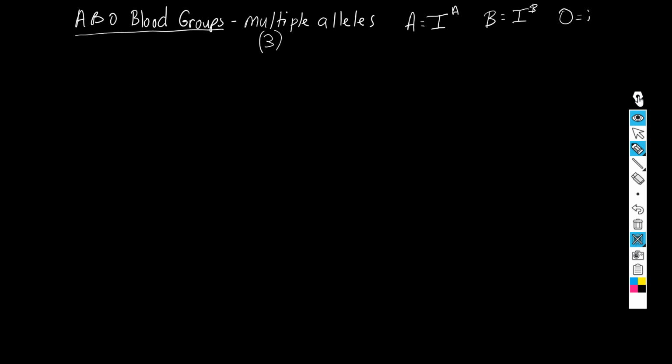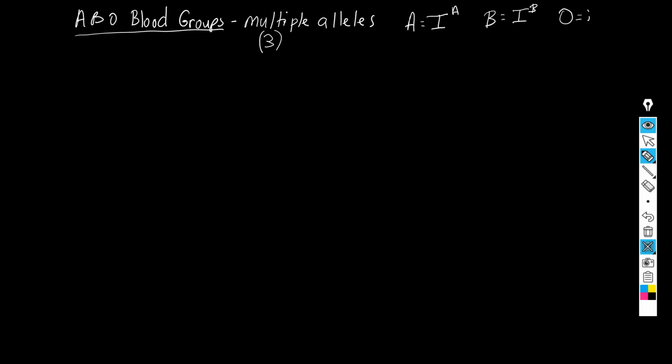Now, before we begin working out some of these blood type problems, we're going to make a chart, and there's a couple things that I want you to understand about ABO blood groups, some terminology, and some inheritance patterns before we begin working out these problems. And so we're going to start off this chart by looking at the phenotype.